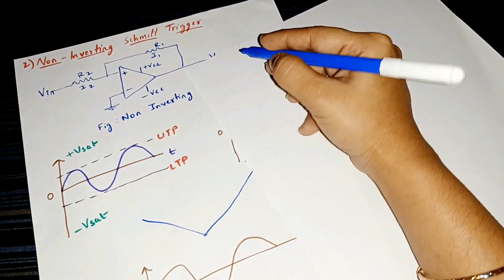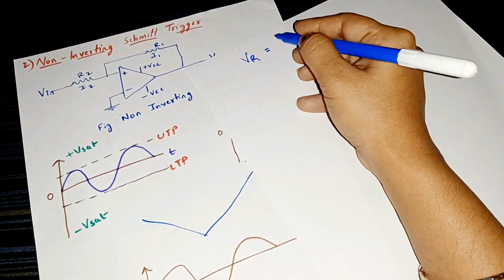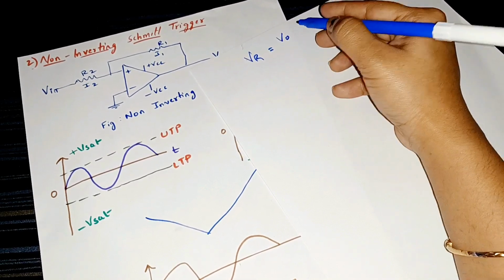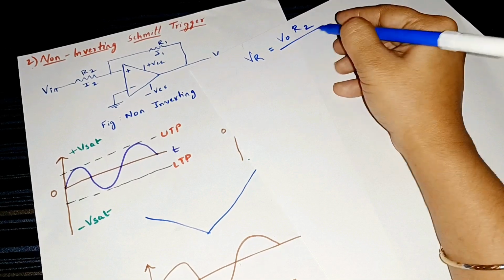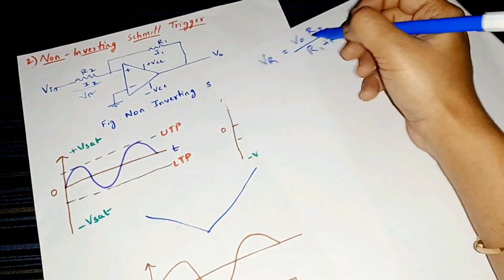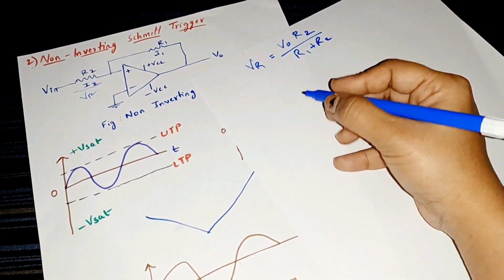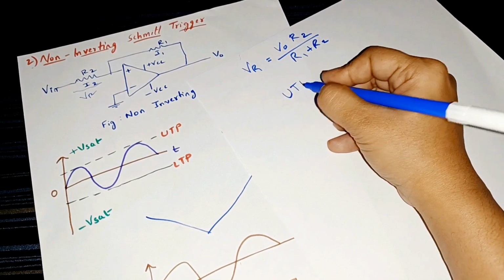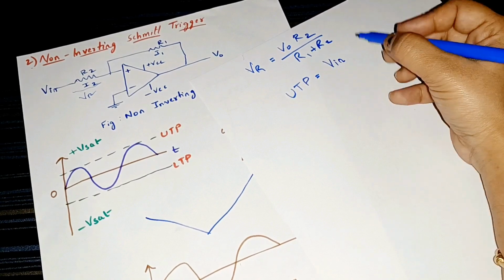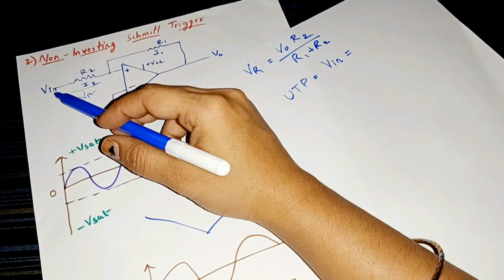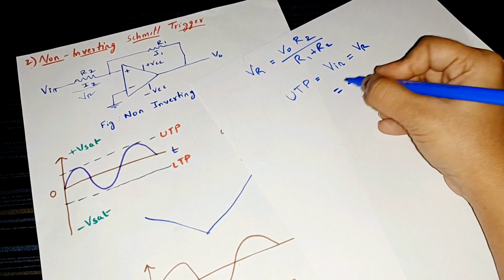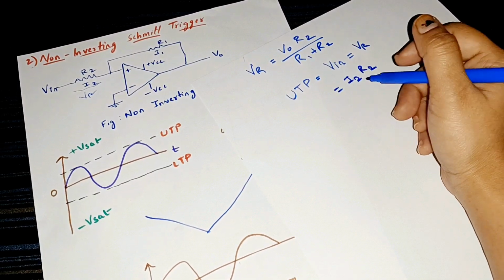This voltage reference is equal to V0 into R2 divided by R1 plus R2. This part is called VR, the voltage reference. And what we get for UTP, so UTP is nothing but our Vin. Vin is connected to the voltage reference, so we get I2 into R2 as UTP.